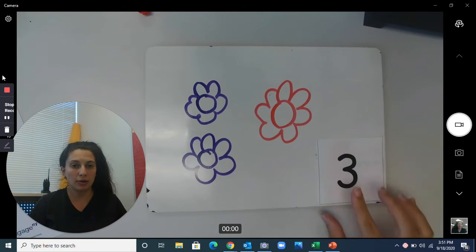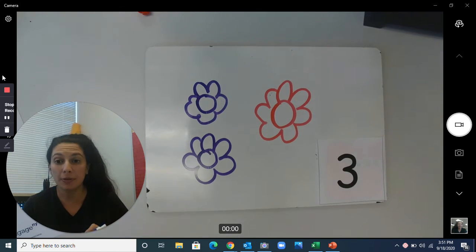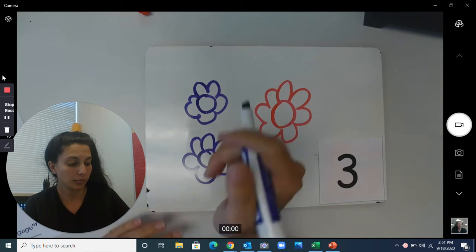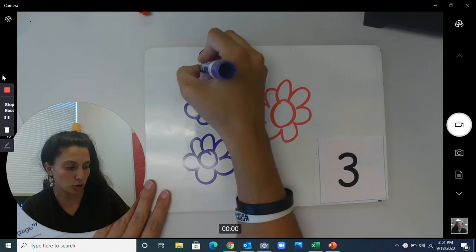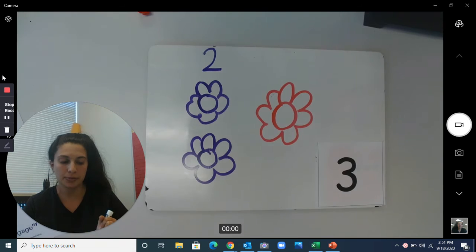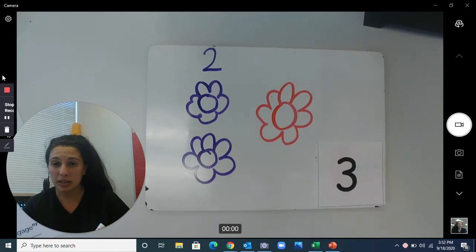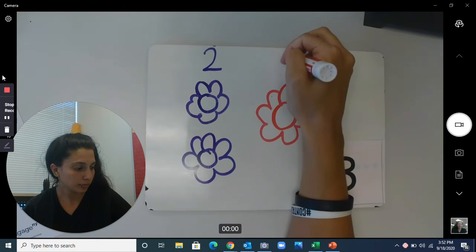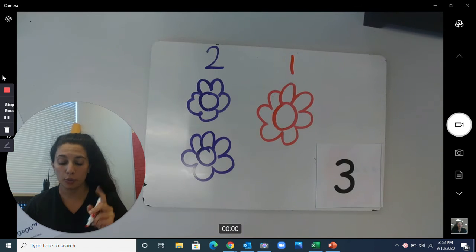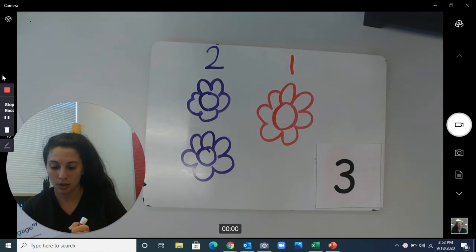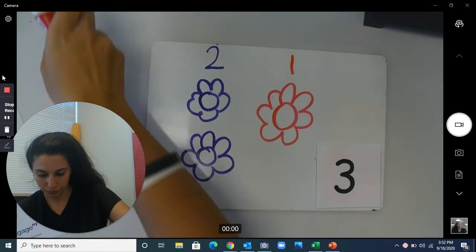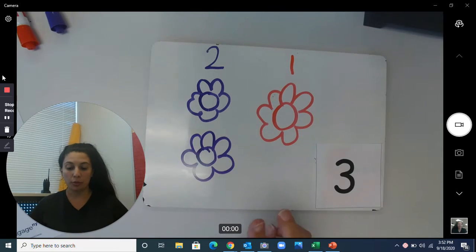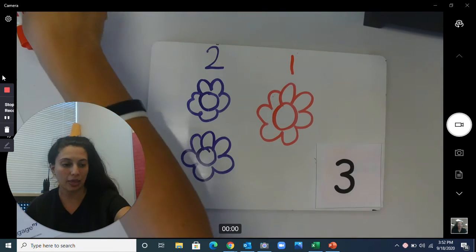I have 3 flowers together. How many purple flowers do I have? I have 2 purple flowers. And how many red flowers? 1 red flower.